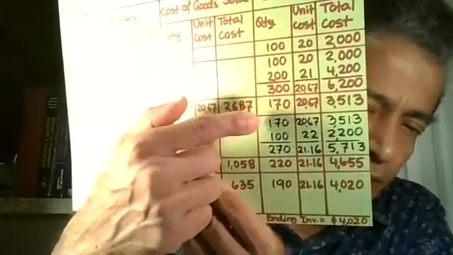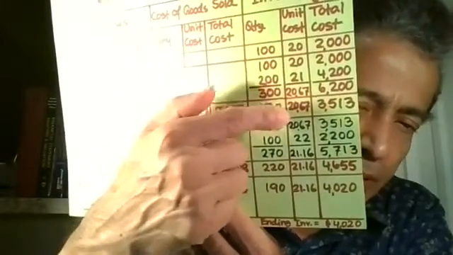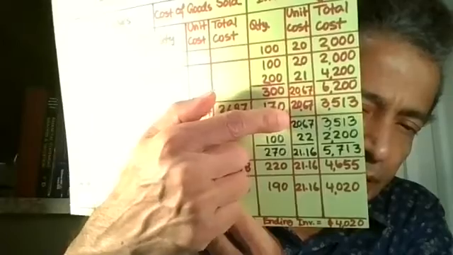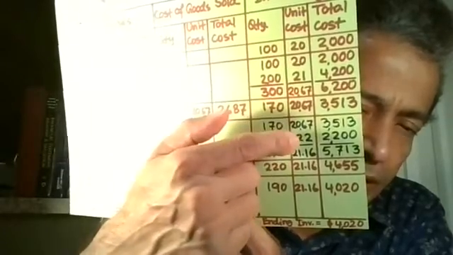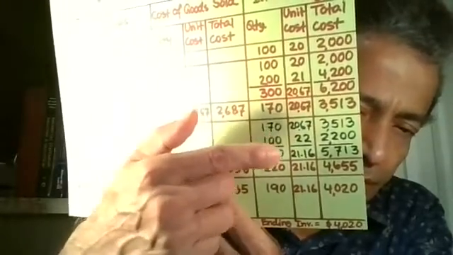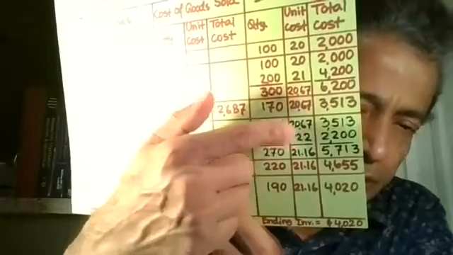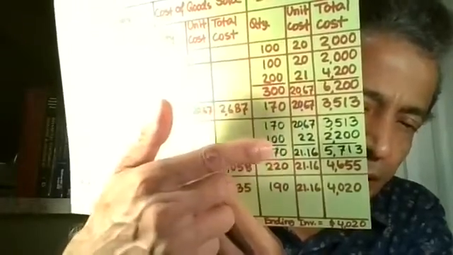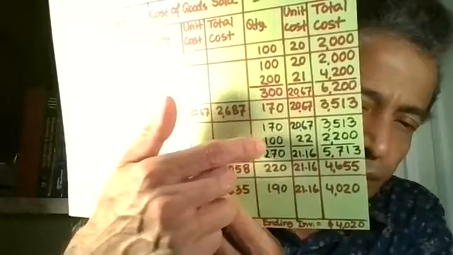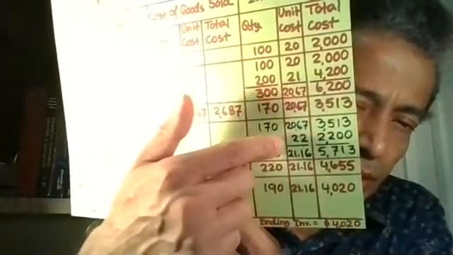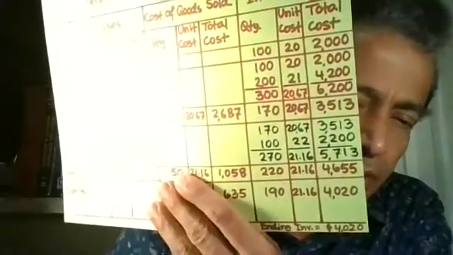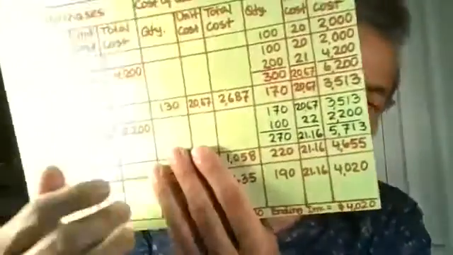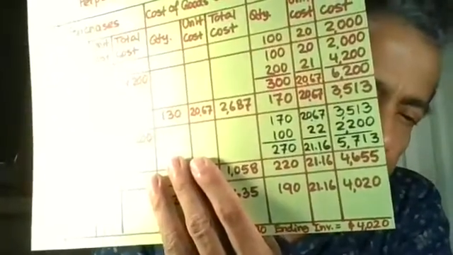And seeing that we have 170 at $20.67 and only 100 at $22, the price has gone up a little bit, but it is not exorbitantly high. If we had about 200 units at $22, then the average would have been much closer to $22. It's still getting above $21.